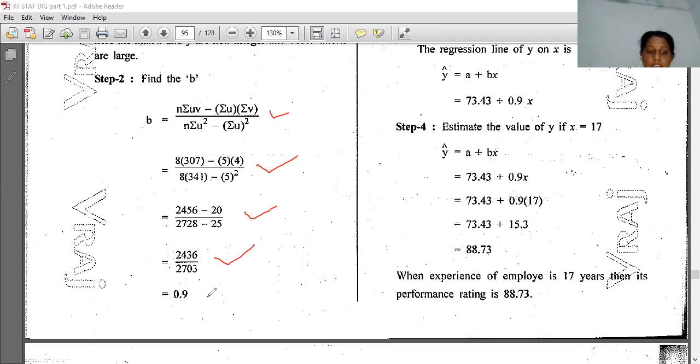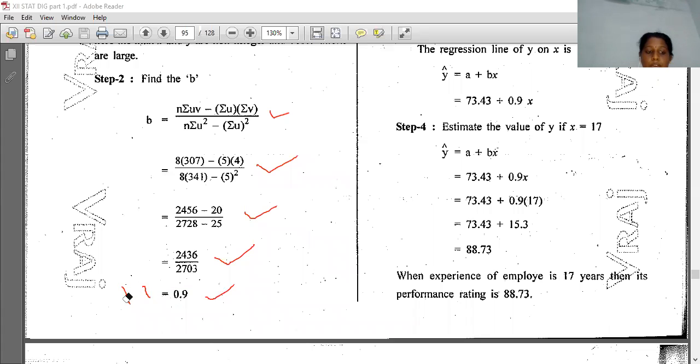Then afterwards your answer comes. So you have to write b equals 0.9, and make the columns and highlight your answer like this. Okay, so this is the way you have to write.